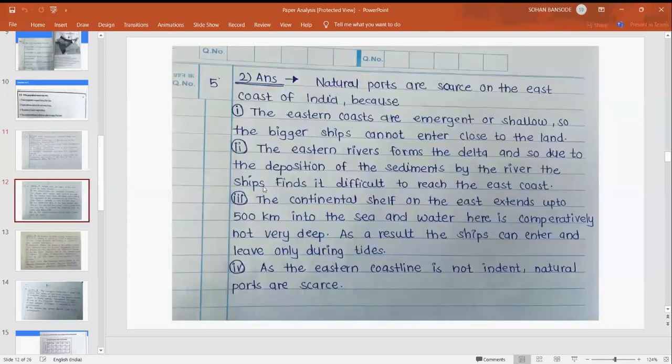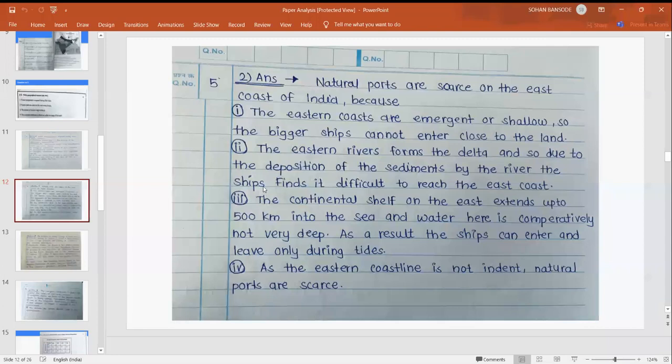Next one, question 2. Natural ports are scarce on the east coast of India because, first point, the eastern coasts are emergent or shallow, so the bigger ships can't enter close to the land. The eastern rivers form deltas, and due to the deposition of sediments by the rivers, the ships find it difficult to reach the east coast.